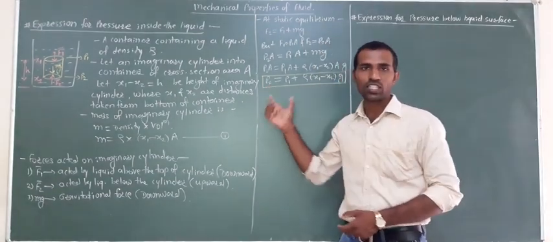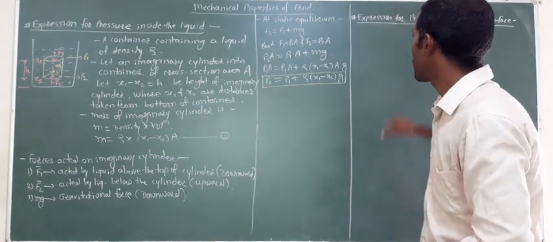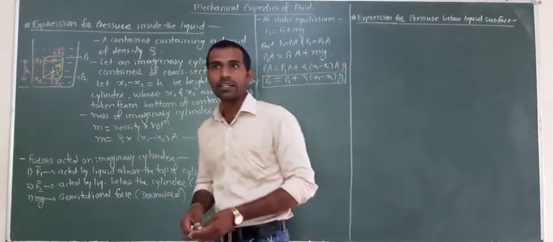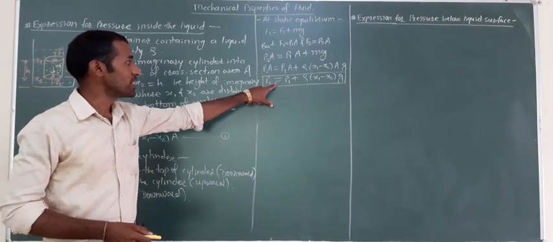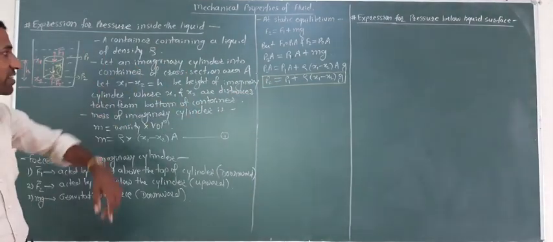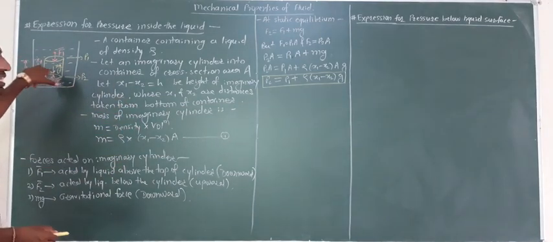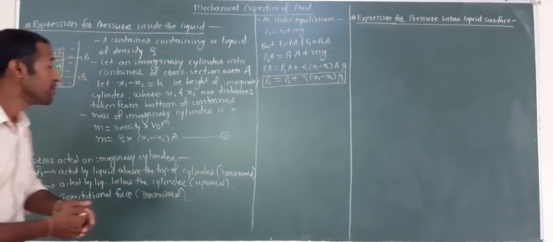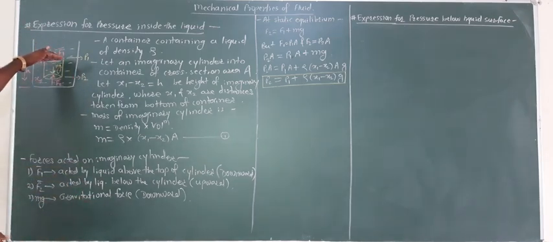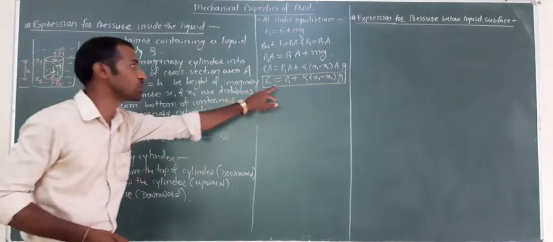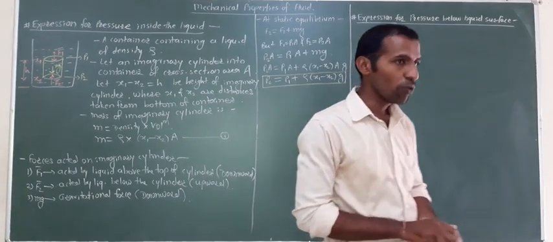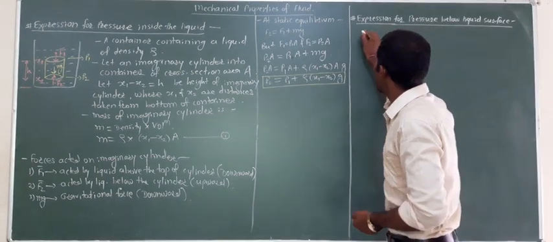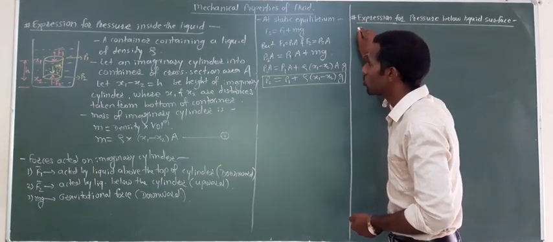After calculating this equation, now we are going to calculate the expression for pressure below the liquid surface. In this equation we have calculated pressure inside the liquid. This imaginary cylinder was inside the liquid, and we calculated P2 and P1 at the top surface and the bottom surface of the cylinder. Now we have to consider this cylinder at the top, at the free surface.